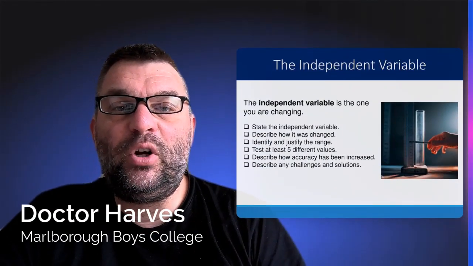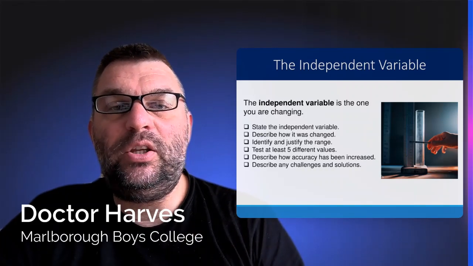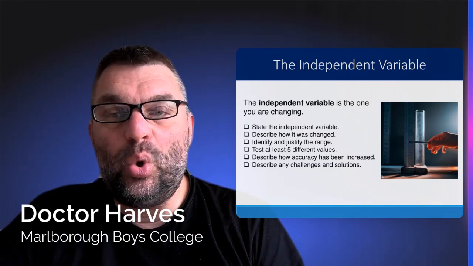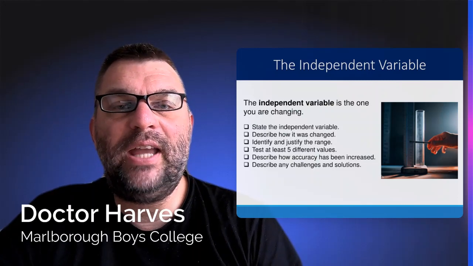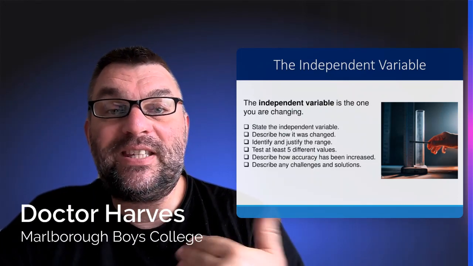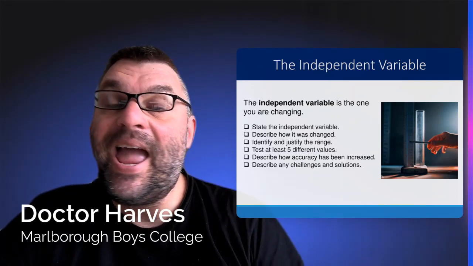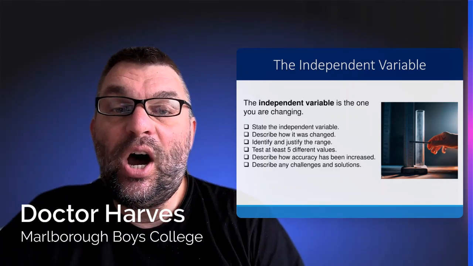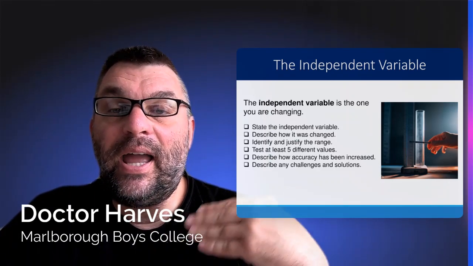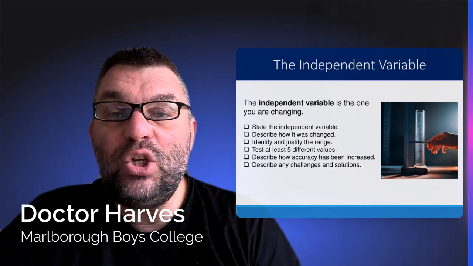So the independent variable in your experiment is the one that you're going to be changing. Okay, so in your report, you have to say what the independent variable is, how you went about changing it, and identify and also justify the range.